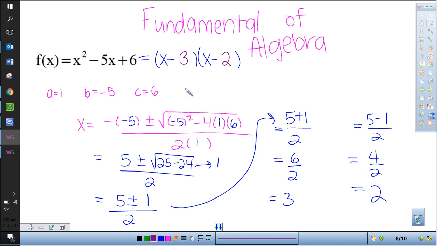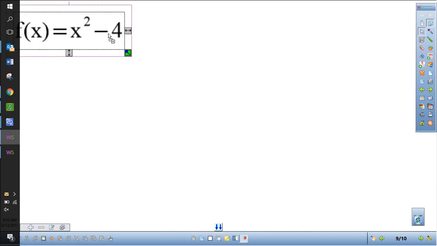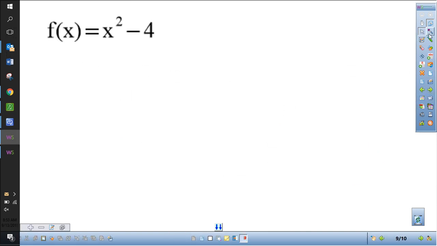Alright? So notice I ended up with two solutions. And these solutions are real numbers. Now let's take a look at f of x equals x squared minus 4. So on this one, my a is 1.